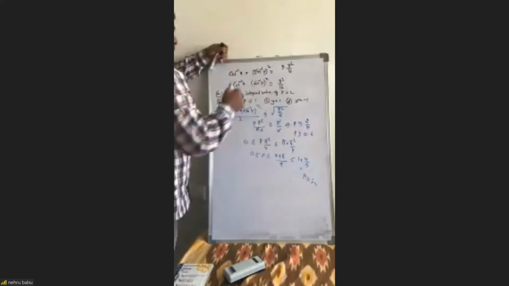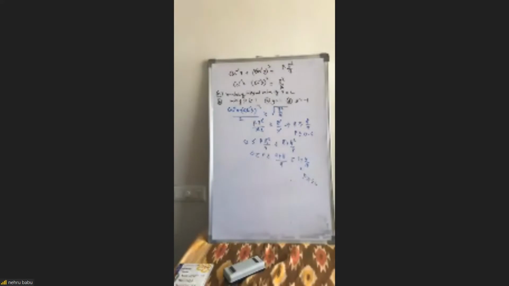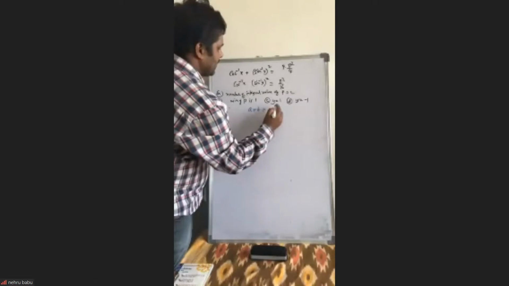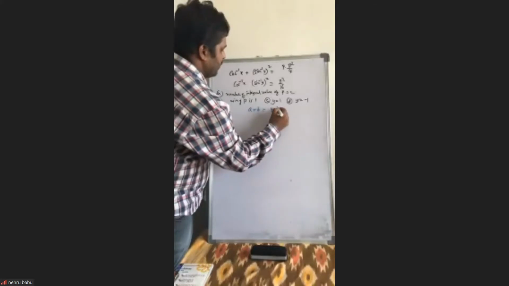But what about this value? Is it possible, sir? So if you assume here cos inverse x is a, just I'm solving now. Cos inverse x is a, sin inverse y whole square is b. So if they give here a plus b value is p pi square by 4, right?